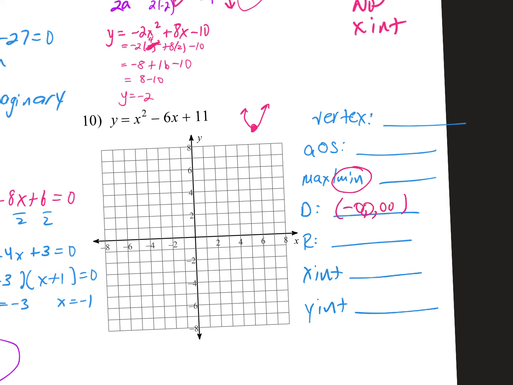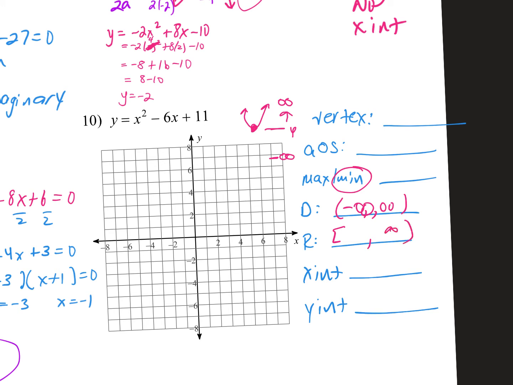My range, is it going to be from the y part to infinity or from negative infinity to the y part? What's my range? Y part to positive infinity, good.